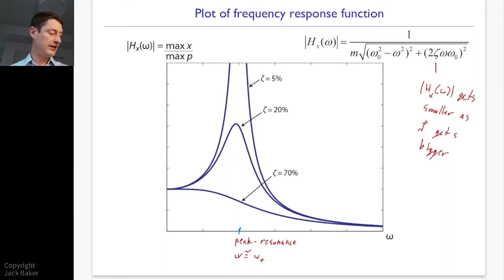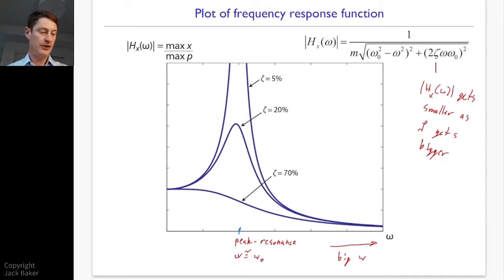Okay, so then let's look at the limits on the sides. So as we head this way towards big omega, this is the case where omega is a lot bigger than the omega naught, where the peaks are occurring.